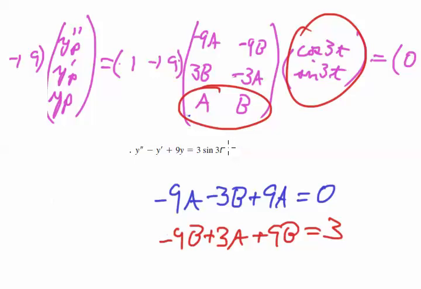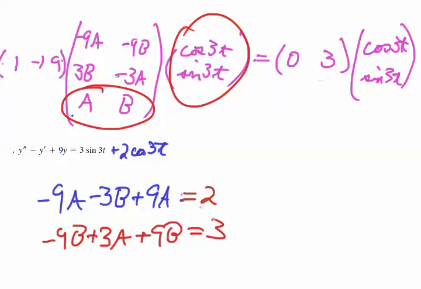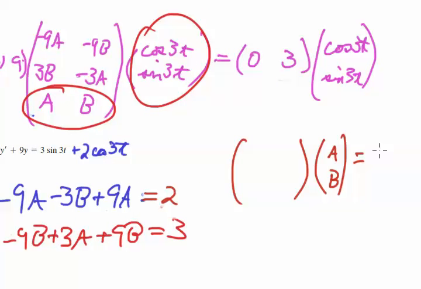If this had been, for instance, 3 sine 3t plus 2 cosine 3t, then this equation here still would have been 9a minus 3b plus 9a, but we would have just replaced that 0 with a 2. And then it might even be worthwhile to set up another matrix here, where we have a, b equals 2, 3.